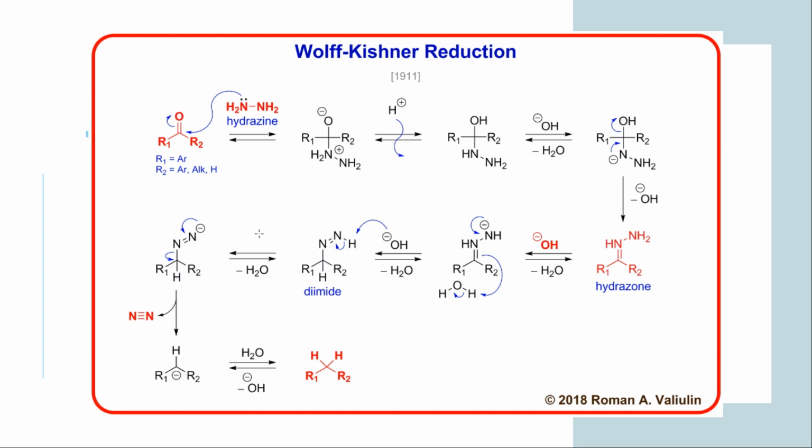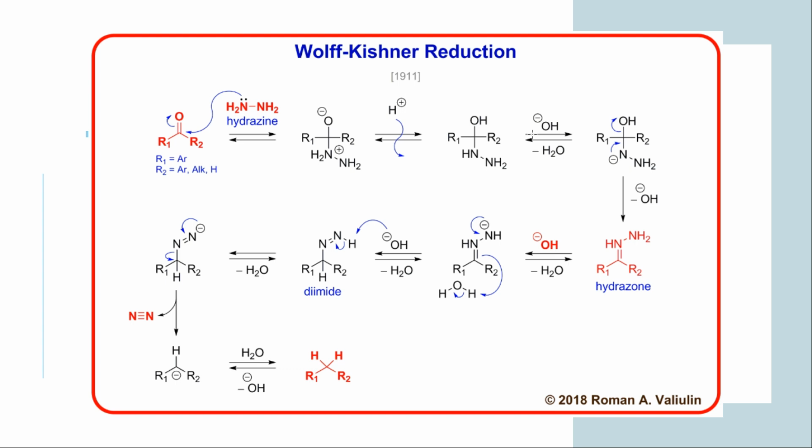Okay, so let us look at the mechanism that this interesting reaction follows. First half of the mechanism will be similar to what we saw in the hydrazone formation. First, the hydrazine will undergo the nucleophilic attack to give you this oxyanion, and then protonation deprotonation will lead to the formation of this kind of intermediate compound. Now you have base in the reaction medium.